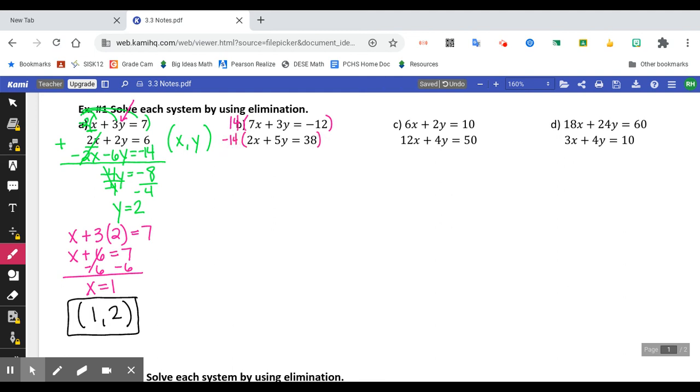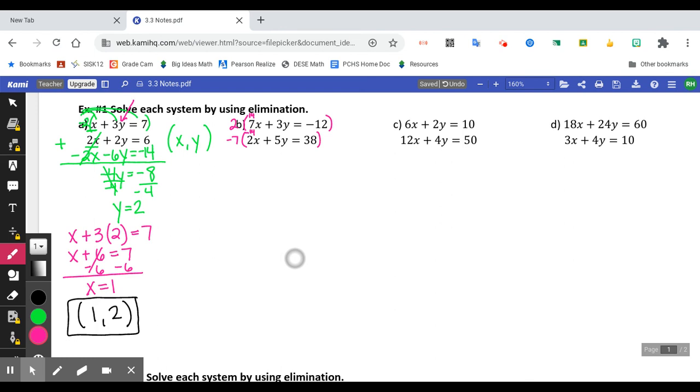Well, in order to do that, we would have to multiply whatever we need them to become by whatever number gets us there. So in order for this to become 14, I would have to multiply this whole row by 2. And the opposite would be negative 14, which means this whole bottom row would have to be multiplied by negative 7. Again, I want these to become their opposites. So I'm picking numbers to multiply by so they can become those numbers.